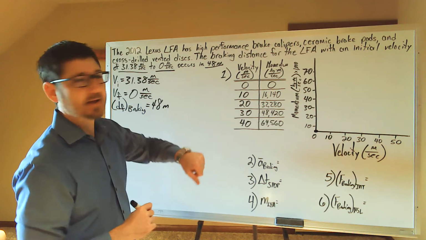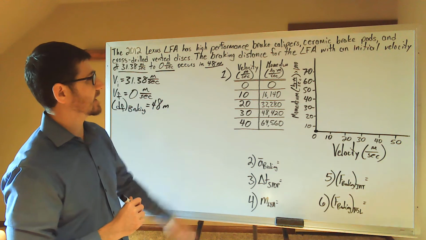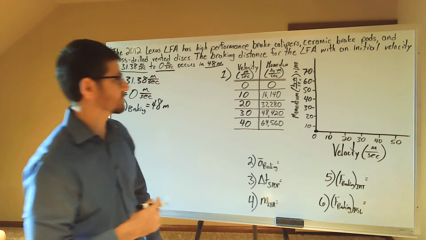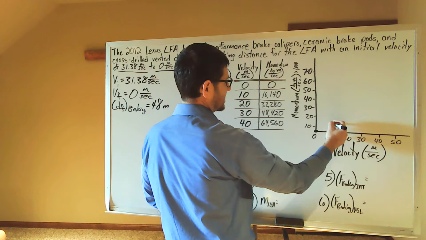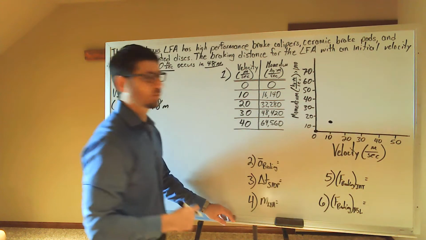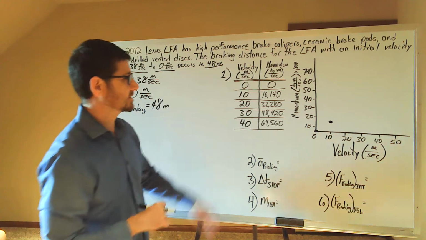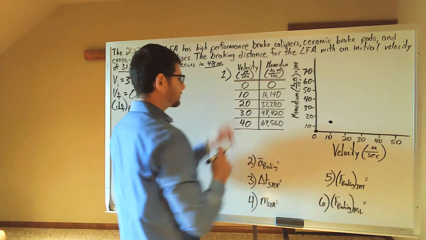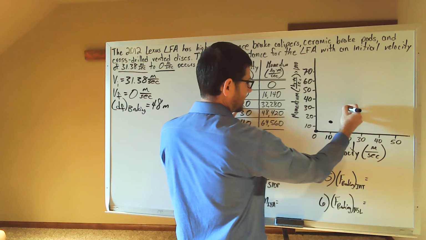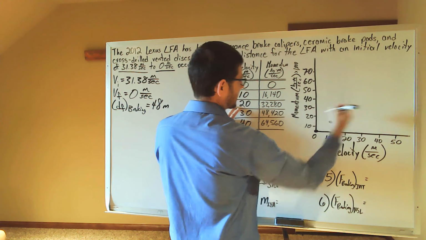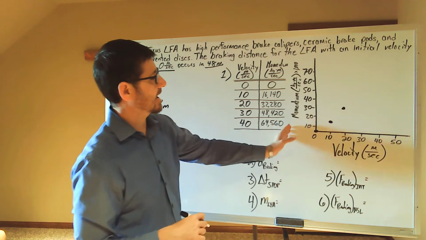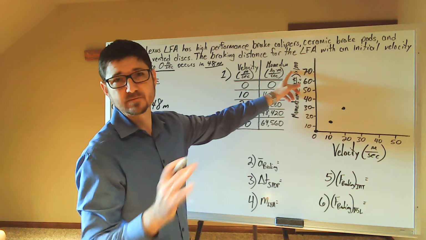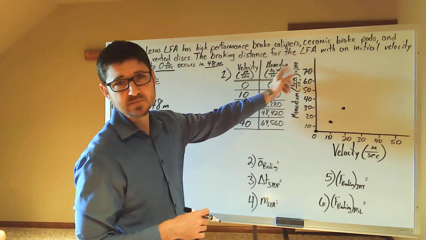So at 0 velocity, we have 0 momentum. Our next ordered pair, at a velocity of 10 meters per second, we have a momentum of 16,140 kilogram meters per second. So 16,000. What I'd like you to do right now on your paper is plot these values together. So 20 is 32,000. On my y-axis, I have momentum with units of kilogram meters per second, and just to save room, I've said times 1,000.